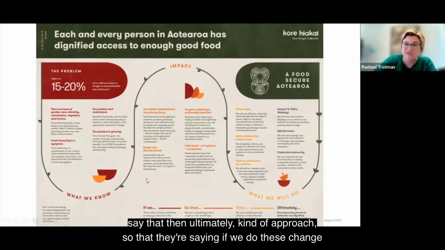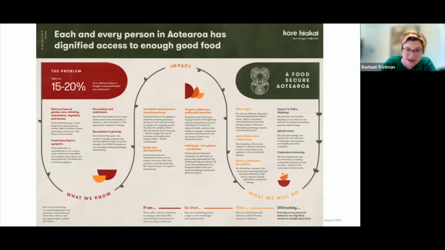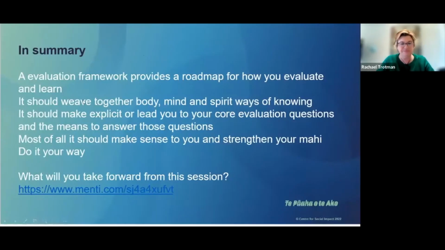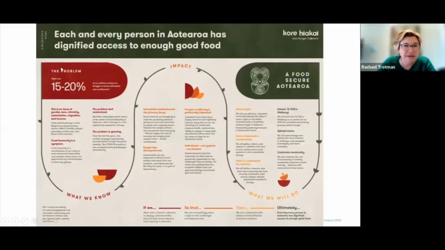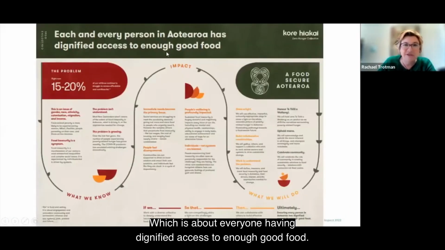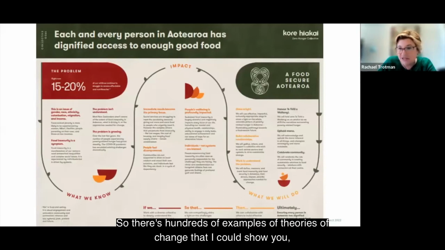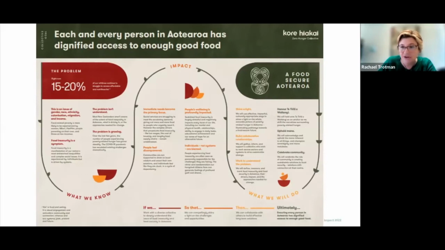So they're saying if we do these change strategies on the right, then we will lead to our vision, which is right up the top here, which you can't see. Oops. Which is about everyone having dignified access to enough good food. So there's hundreds of examples of theories of change that I could show you.